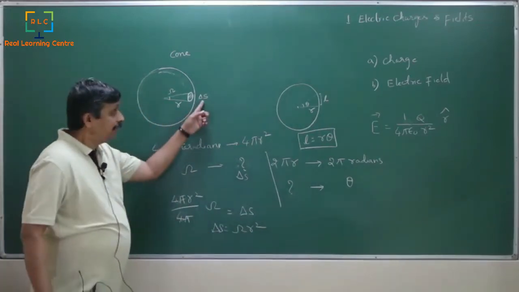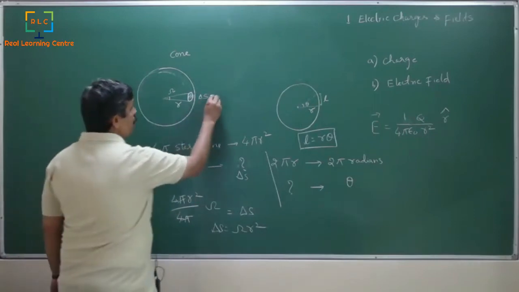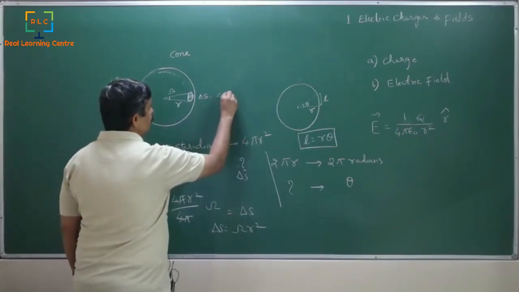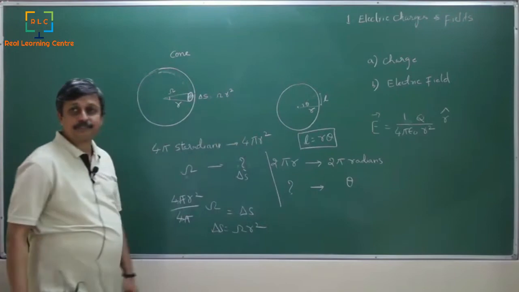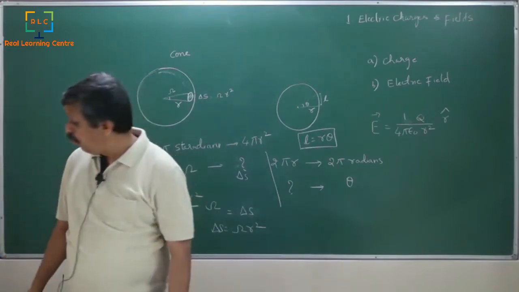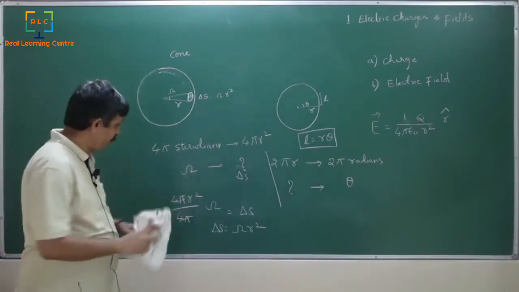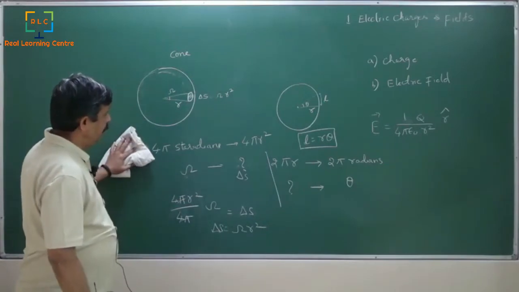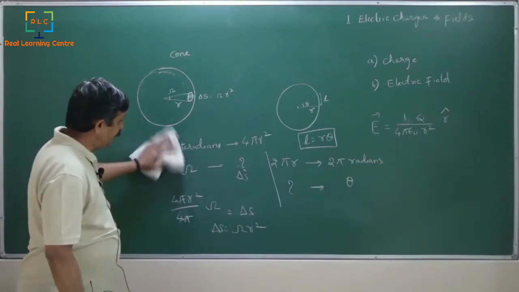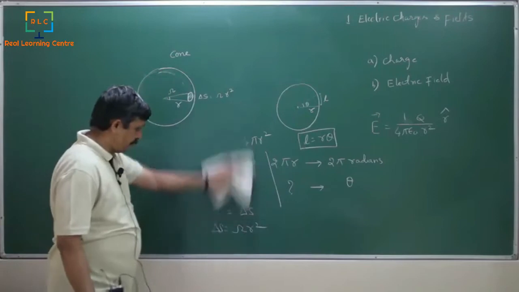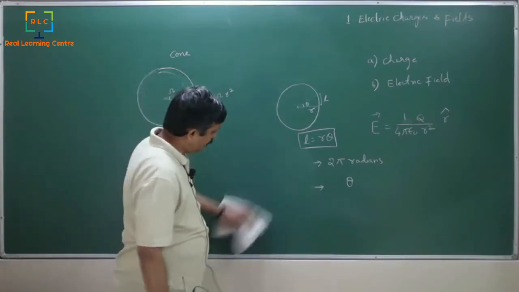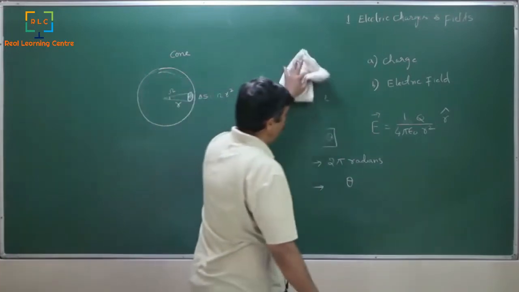Now this delta S is nothing but omega r square. For a given omega, the number of our electric field lines is the same. That's not going to change.